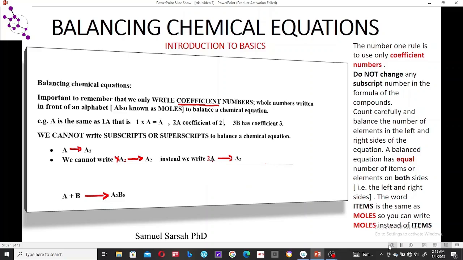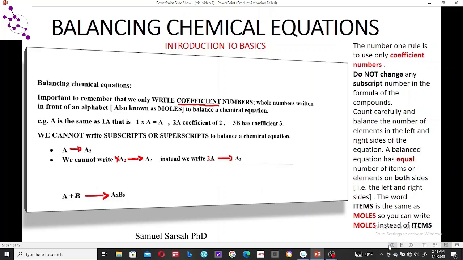So that is 2A going to A2. That's the correct way to balance it. And in balancing, it means we are making the items on both sides, the left and right sides of the equation, equal in number.